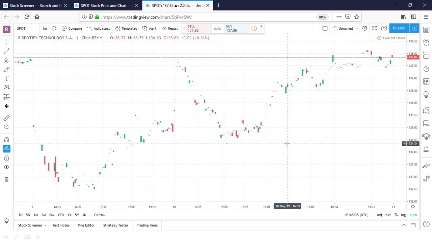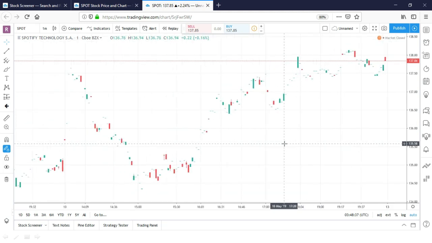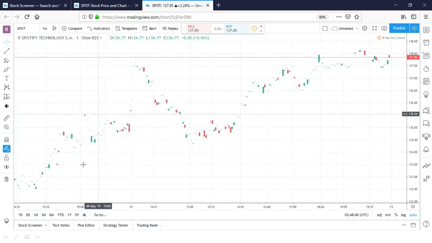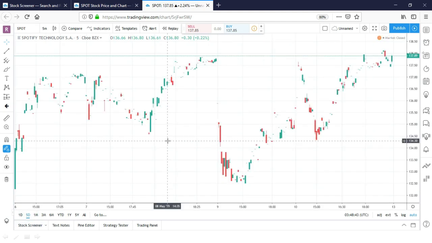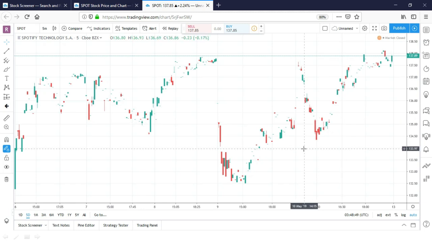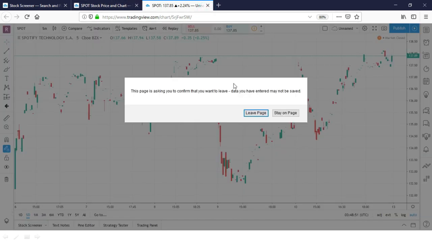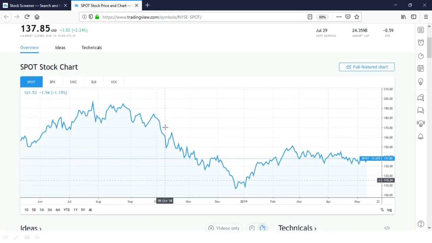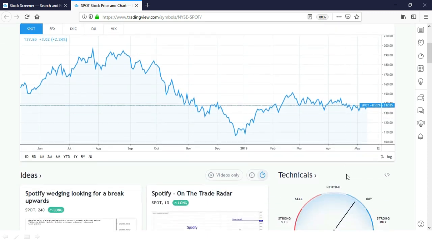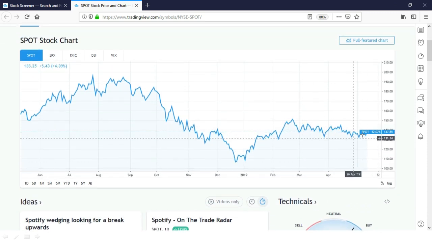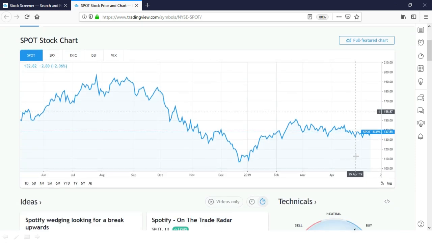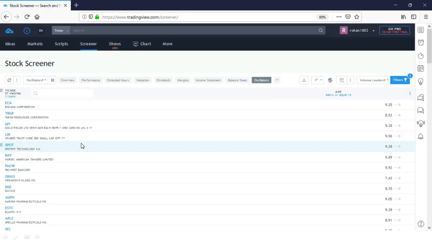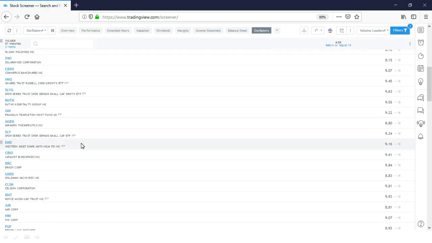I think it's an illiquid stock, which is not giving the proper methodology, because the candlestick has not formed in a simple way. So we have to choose another one. If you show it on the line chart, it clearly shows it is neutral, but if we don't want to do this, we can choose somebody else.